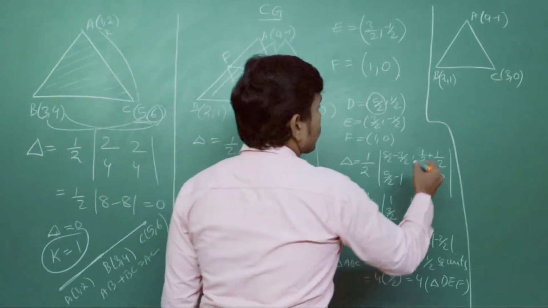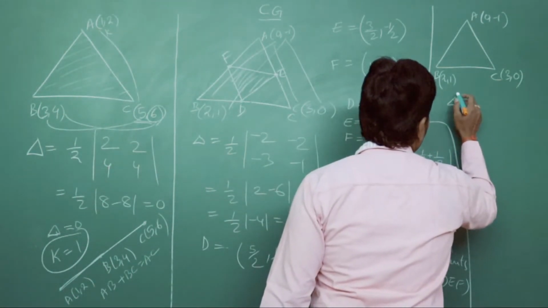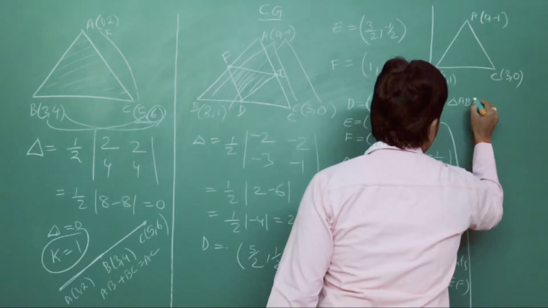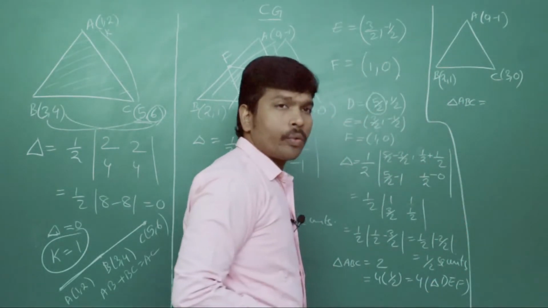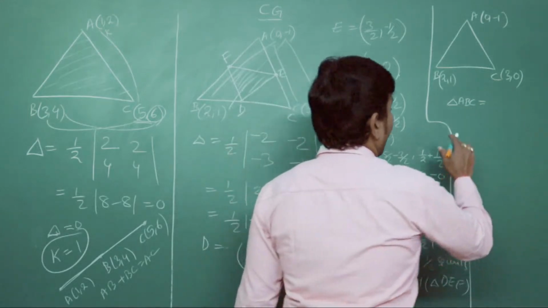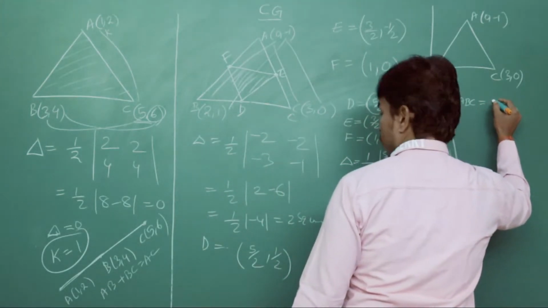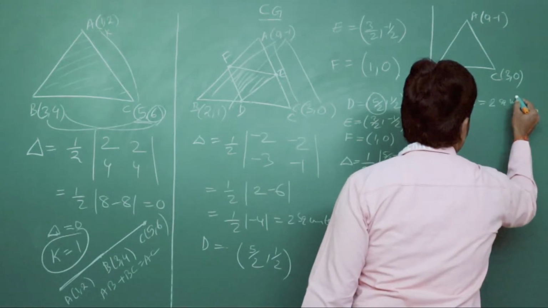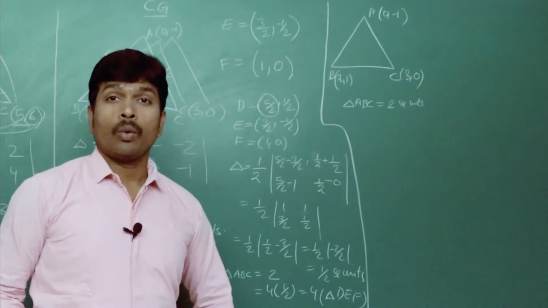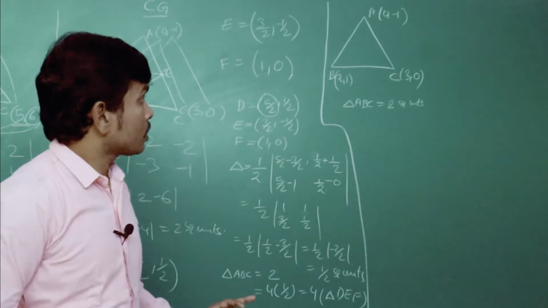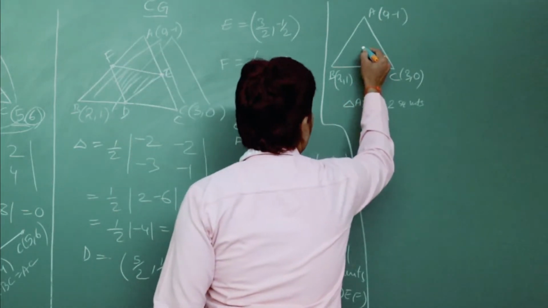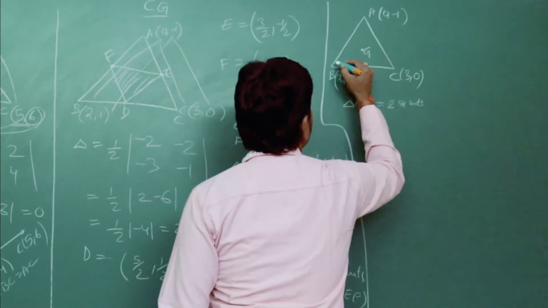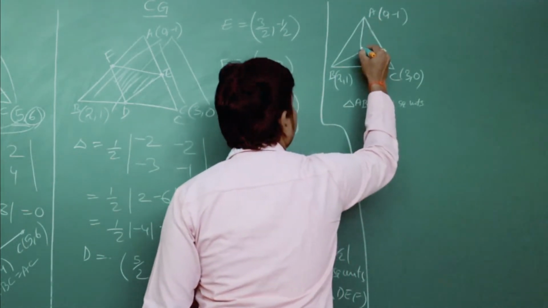The area of triangle ABC, how much did you get? The area of triangle ABC is equal to 2 square units. You got it, 2 square units.